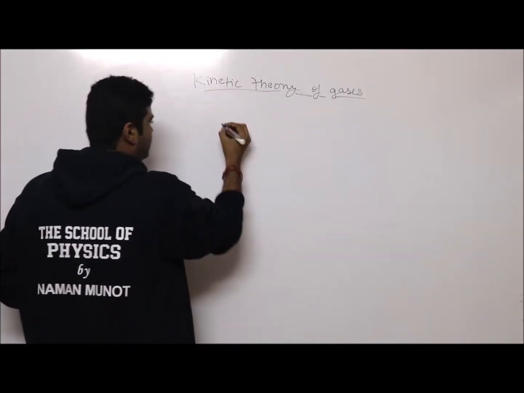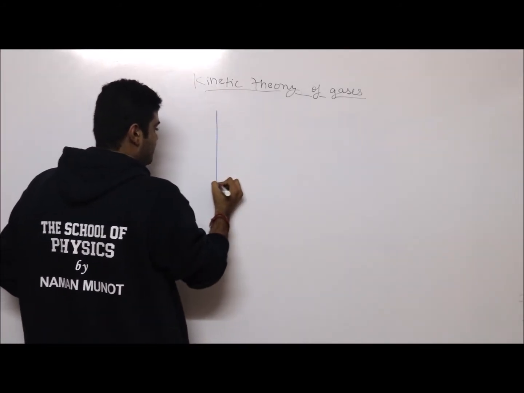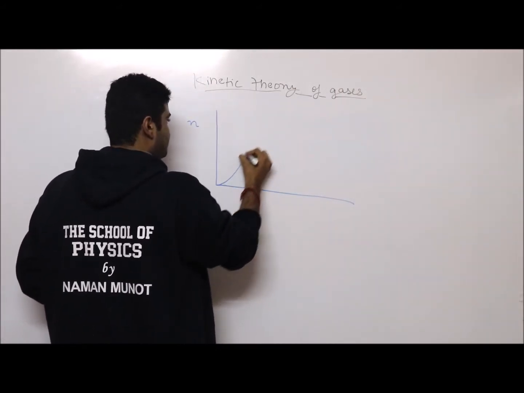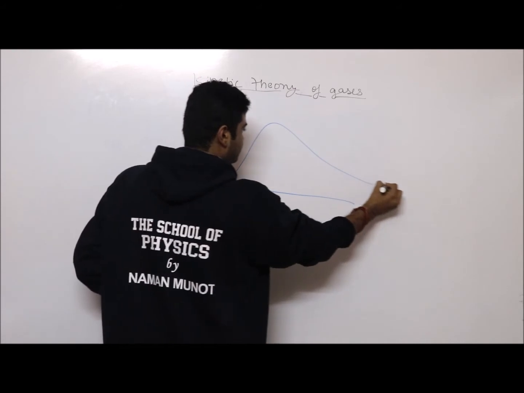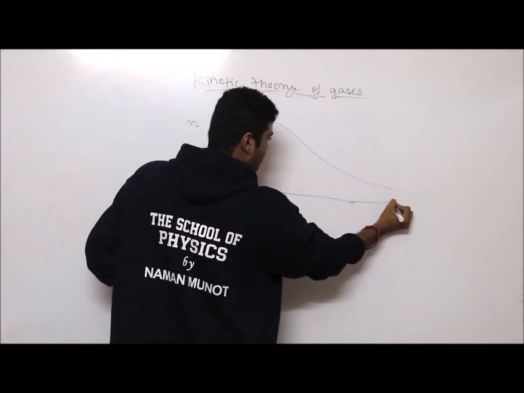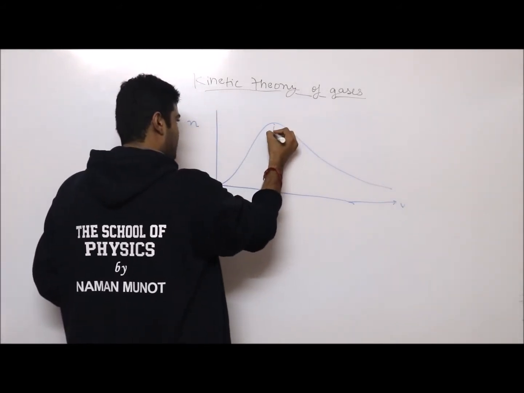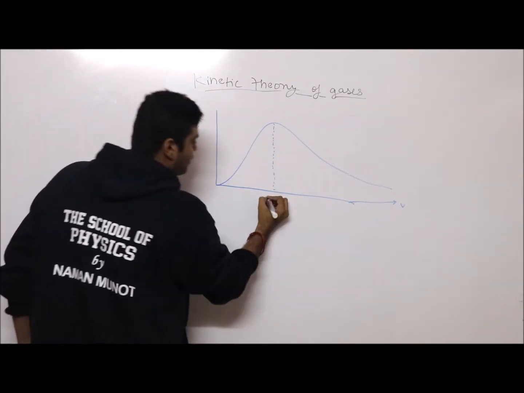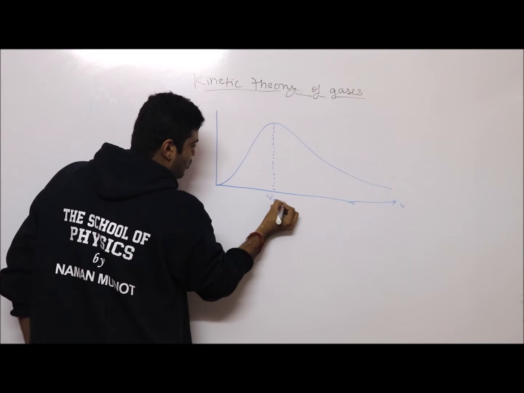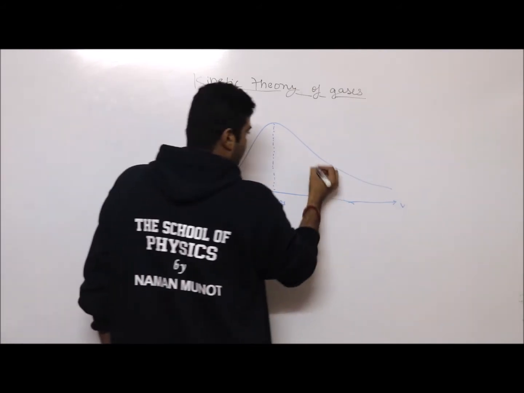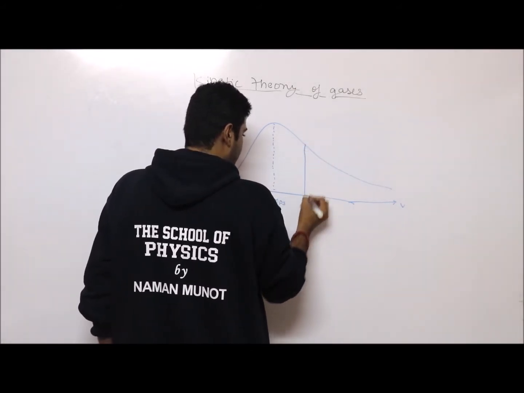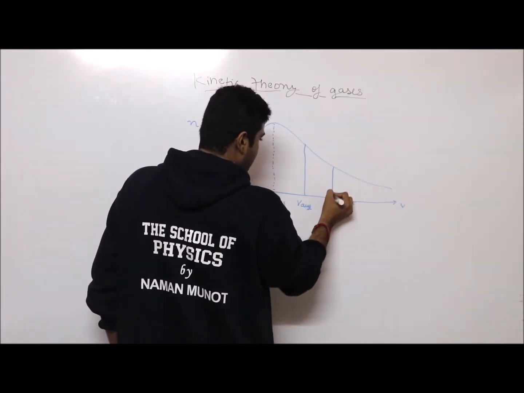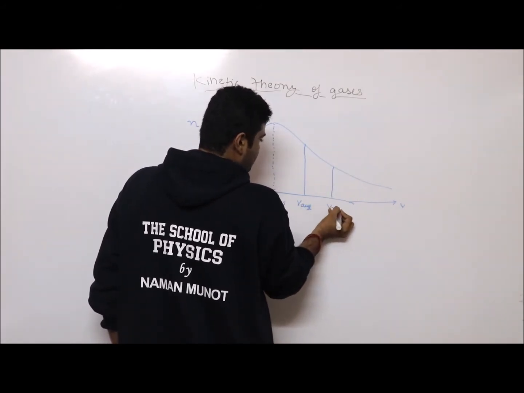For the gas particles, if this is the number of particles, the speeds go something like this. This is the velocity distribution. This place where n is maximum, that is, where most particles are, will have the most probable speed. Now here we have somewhere V average, and this is V root mean square.